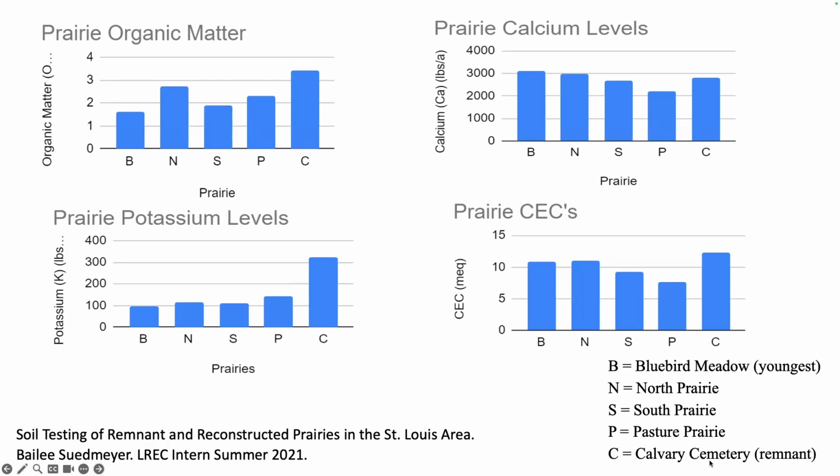I was up there collecting those samples, and it was pretty good looking soil. But in general, if you look at calcium levels, you're pretty well similar. Just on the organic matter, you're pretty similar, other than Calvary, that remnant prairie. Same with potassium, fairly similar. But again, Calvary kind of stands out. So I can kind of give you an idea of how it compares to the rest of the world.